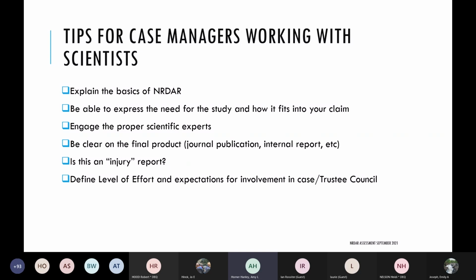That's not to say that some trustee councils don't hire scientists to do that, right? You can have science advisors sitting on trustee councils to help them. But again, you need to be clear with the folks that you're working with about what the level of effort will be and what the expectations for their involvement in the case, and particularly with the trustee council, would be.